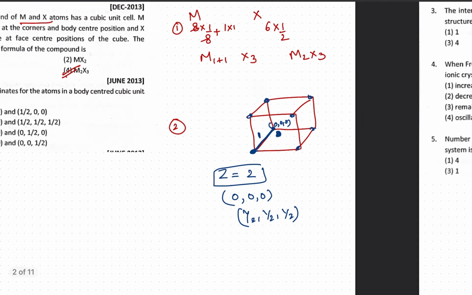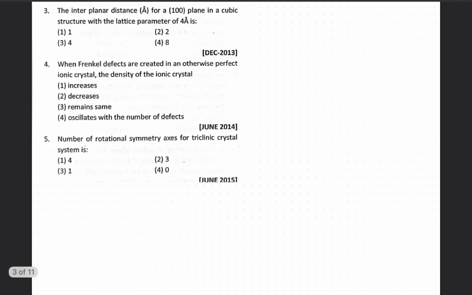Okay. Now moving to the third question. The interplanar distance of this plane in a cubic structure with lattice parameter of 4 Angstrom. We know that to calculate the interplanar distance, the formula is a upon root of h square plus k square plus l square.